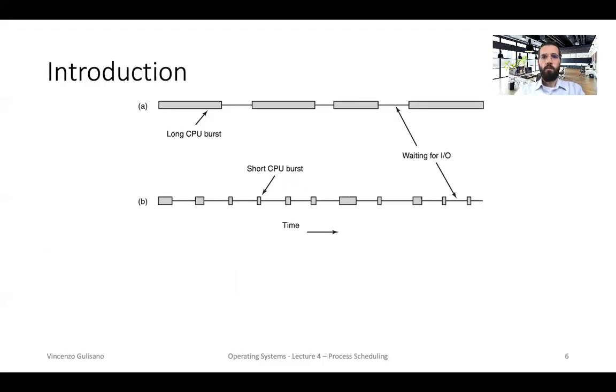So we have discussed in the previous lecture about the fact that we have processes which can have a single thread or they can be multi-threaded. And we said that the operating system is performing a lot of context switches in which it basically changes the thread that is being executed from one to another thread.